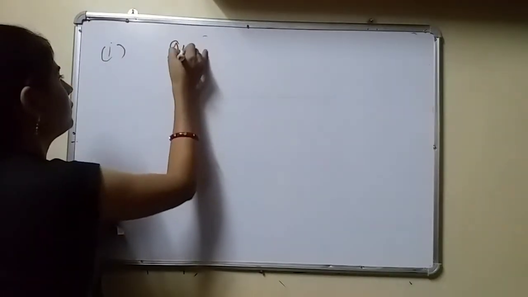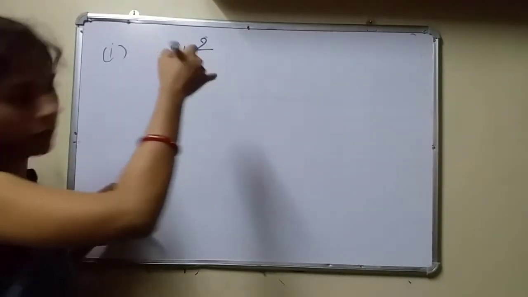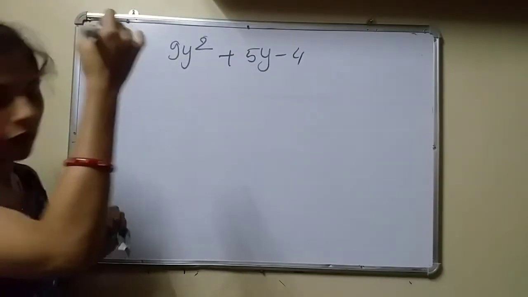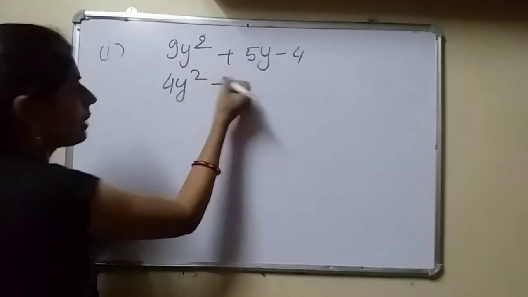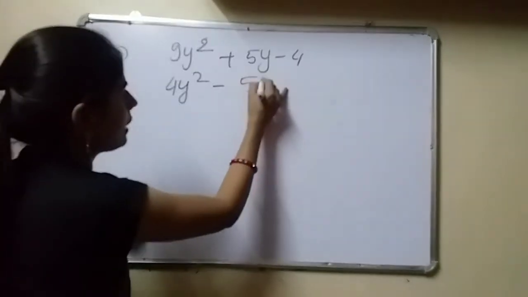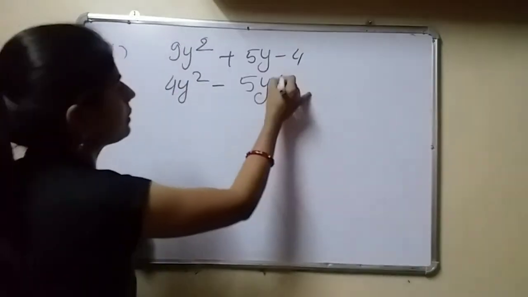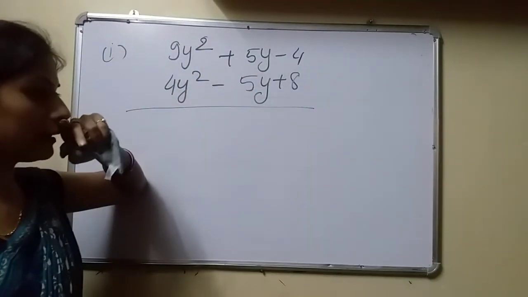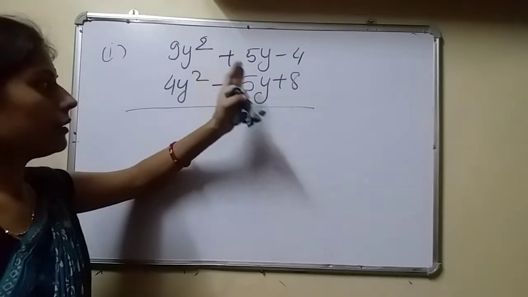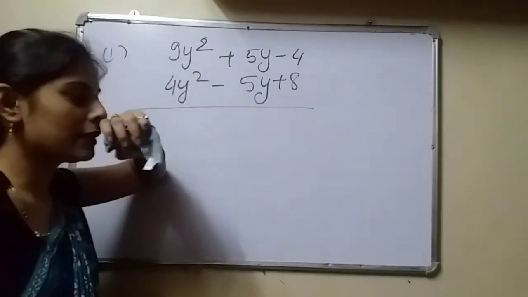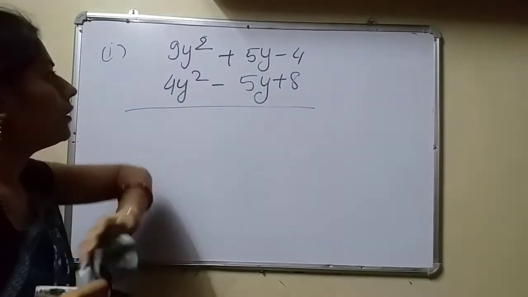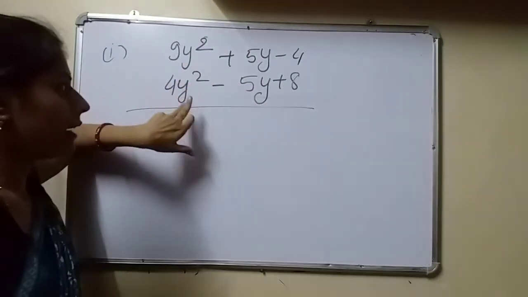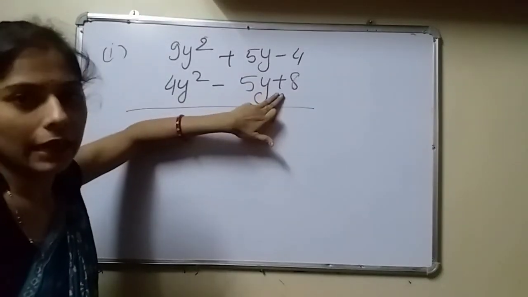9y square plus 5y minus 4, 4y square minus 5y plus 8. See, there one hint is given that in J and K you have to change the expression, that from the second expression you have to subtract the first expression, but here you can see this 9y square plus 5y minus 4 is greater than 4y square minus 5y plus 8.